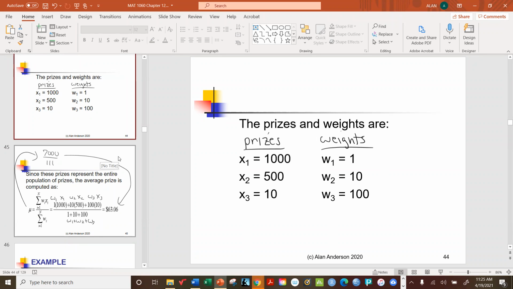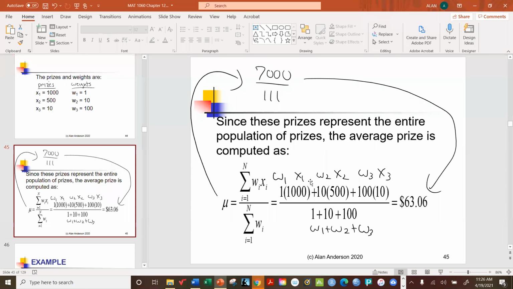All right, let's check this out. By the way, you probably should take out your calculator and make sure that you can reproduce these results. Here's the formula down here. I've labeled it, so you can see which are W1, X1, W2, X2, W3, X3.